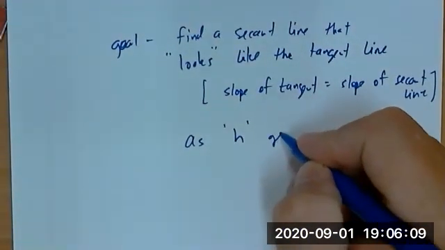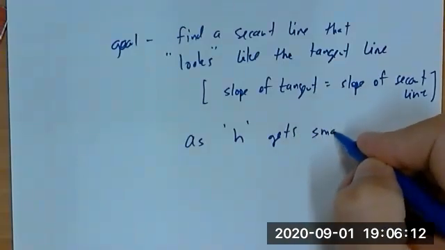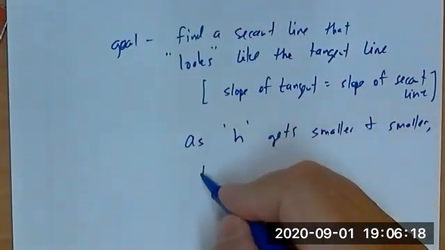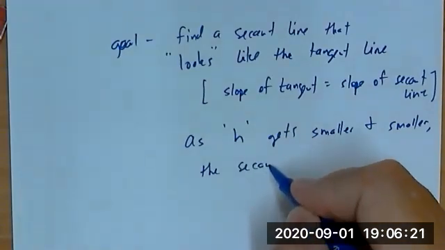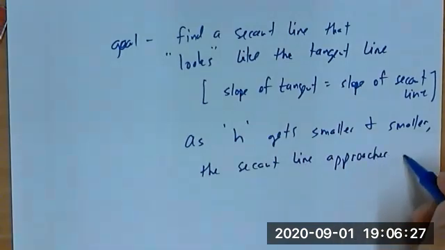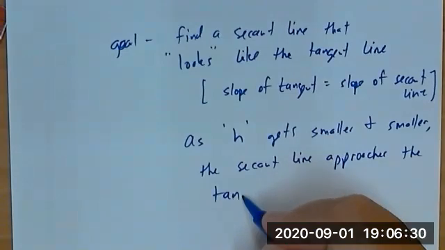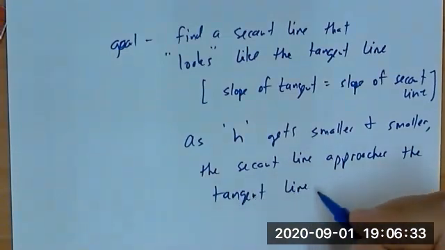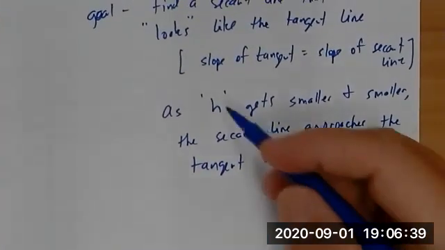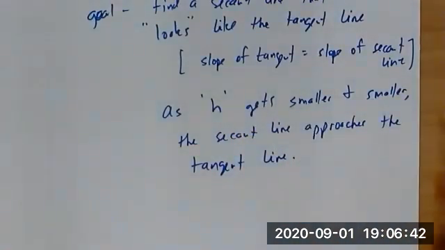As h gets smaller and smaller, the secant line approaches the tangent line, right? When I say as h gets smaller and smaller, it's another way of saying as the two points get closer and closer together, that secant line between the two points approaches or begins to look just like the tangent line.